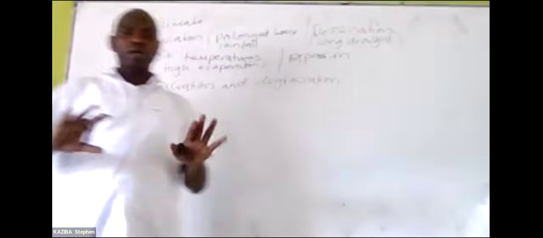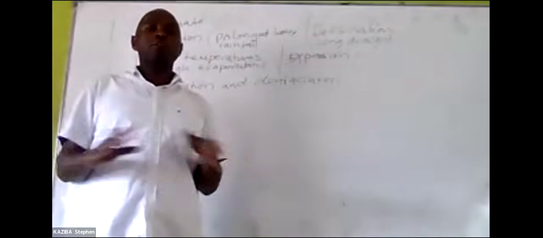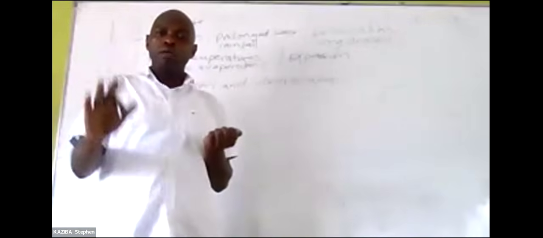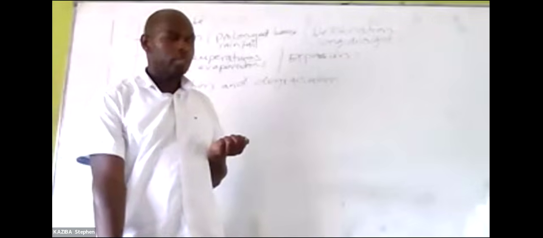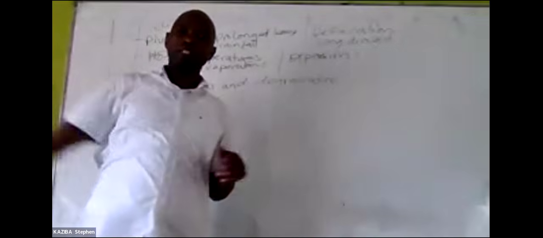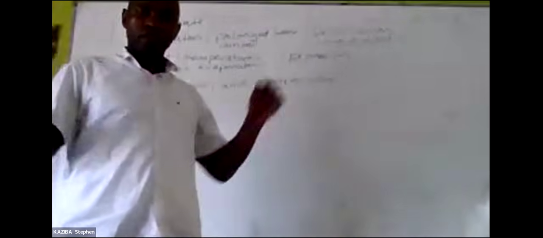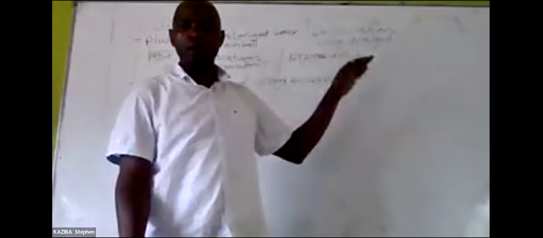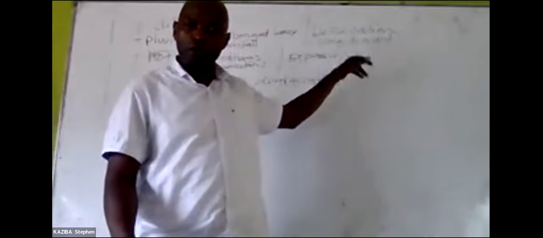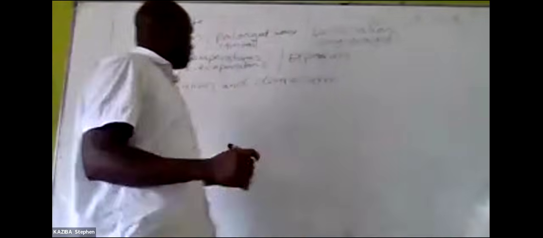So where I have glaciation, it means water is locked up in form of ice. So in such areas where I have a lot of glaciation, the water level goes down. Then where I have melting of snow, which is deglaciation, it means a lot of water. For example, if you look at River Nyamwamba, when water melts from the tops of Mount Rwenzori, that water flows, and this will raise the level of the sea.